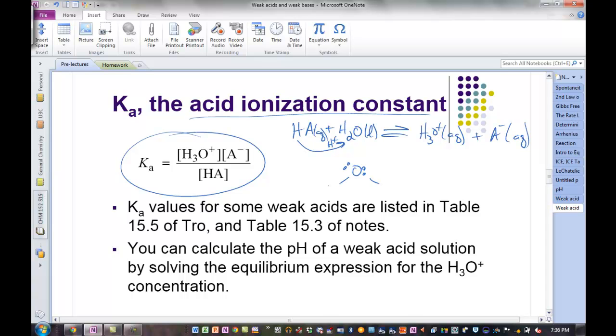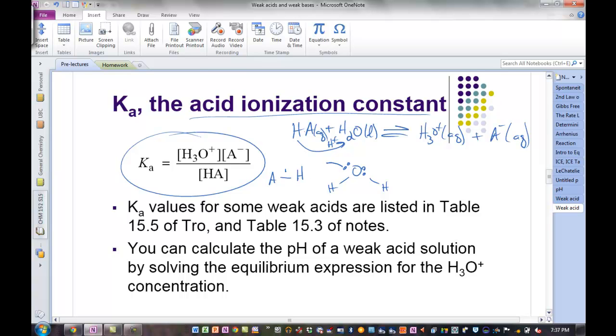Now again, I want to remind you that it's better to think about this reaction, because we're going to talk about a definition at the end of the chapter where we talk about electron donating and electron accepting, and that's a better way to think of these.